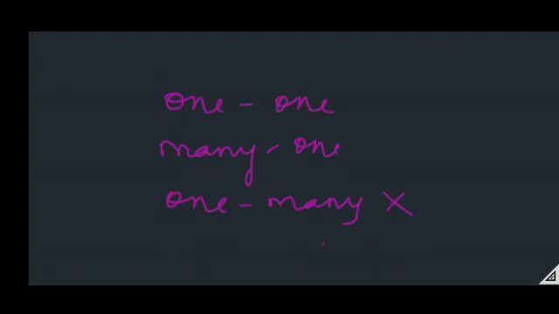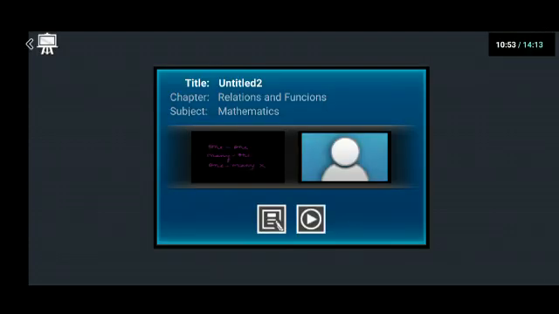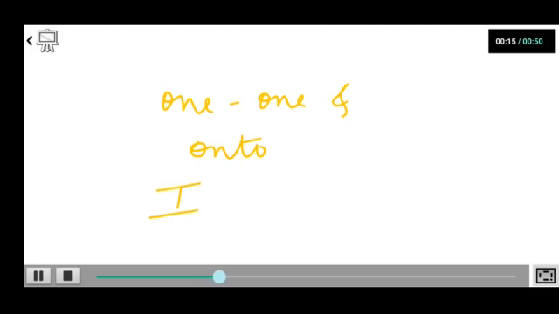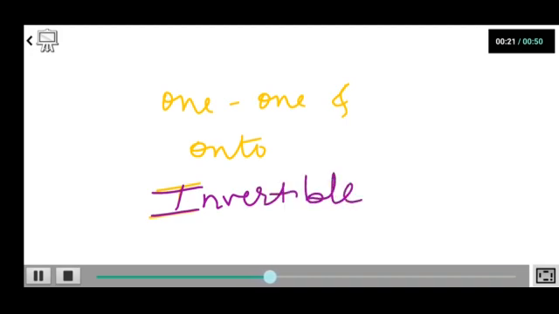And if the function is one-one and onto, the function is said to be invertible and its inverse will exist.